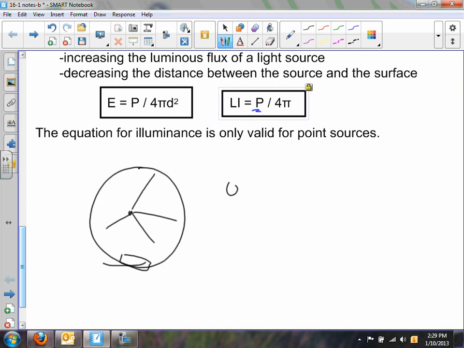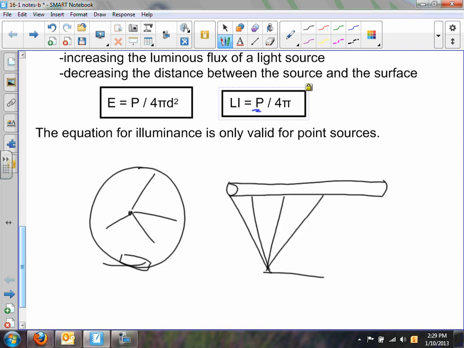If we have a fluorescent bulb and I want to measure the illuminance on this table, well, some of the light from here hits the table and some from here hits the table, and so on and so forth. So your distance is changing throughout the whole length of that bulb. You could solve for that amount of illuminance, but that would require a little bit of calculus and some functions. But that would be a good exercise for you to do as well.